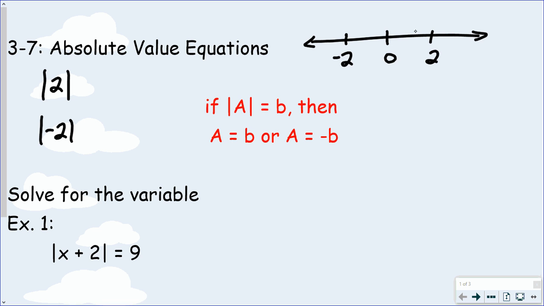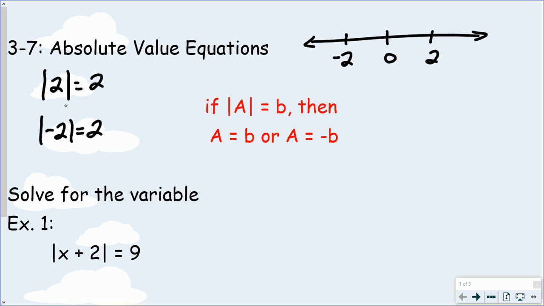The distance that 2 is from 0 and -2 is from 0 is the same. So they're both the same distance away from 0, so they both have the same absolute value, which is 2. Again, the technical definition is a number's distance from 0 on a number line.